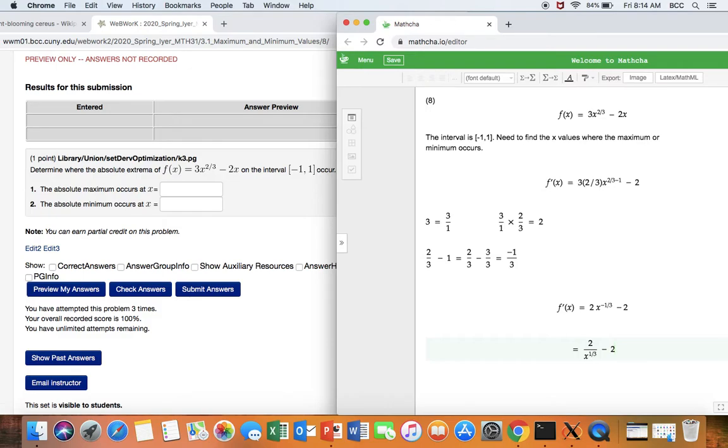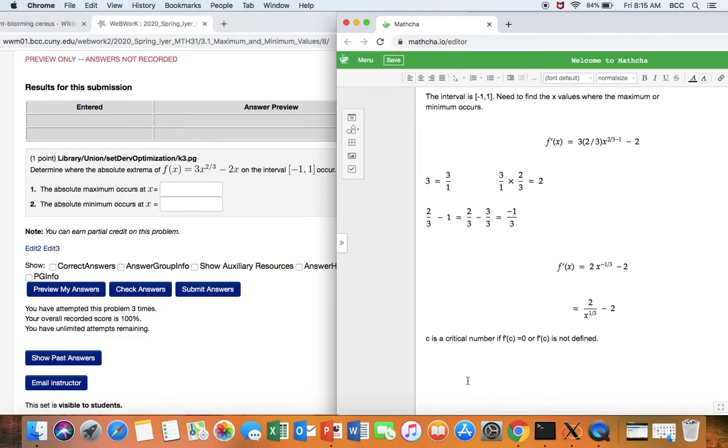All right, so finally I want to see where f prime is undefined and where f prime is 0. So let me remind you, c is a critical number if f prime at c equals 0 or f prime at c is not defined.